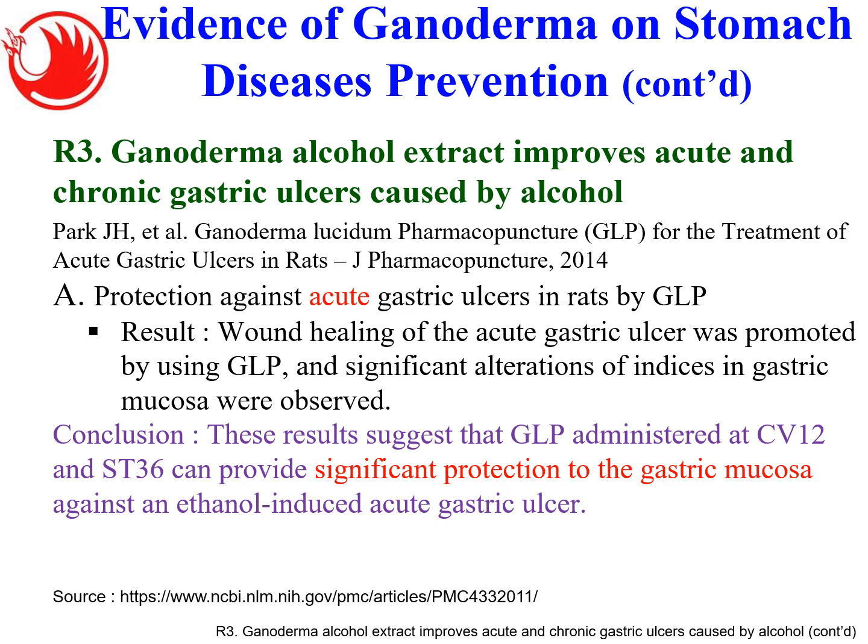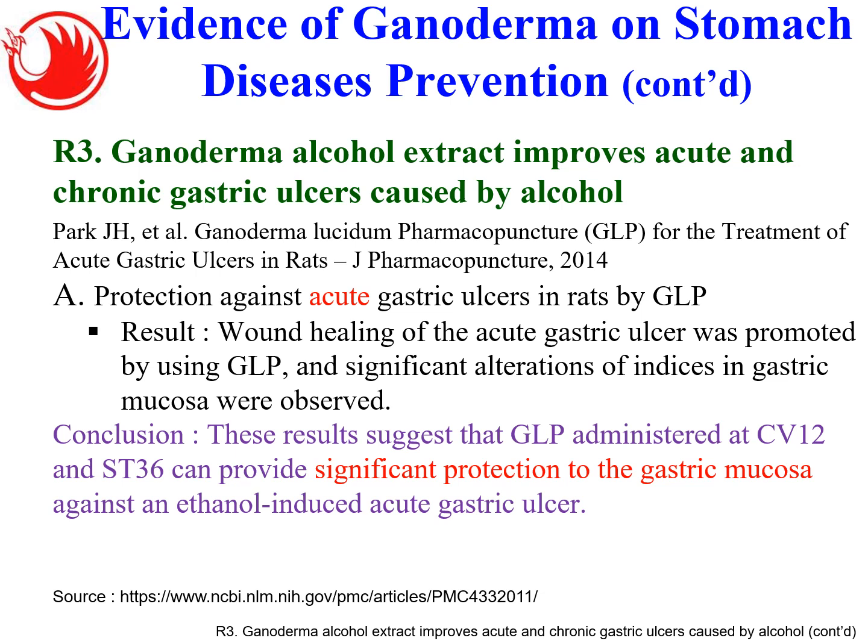Just like I mentioned, mucosa is a layer of the mucous membrane found in the stomach. These results suggest that the Ganoderma administered can provide significant protection to the gastric mucosa against the acute gastric ulcer caused by alcohol.